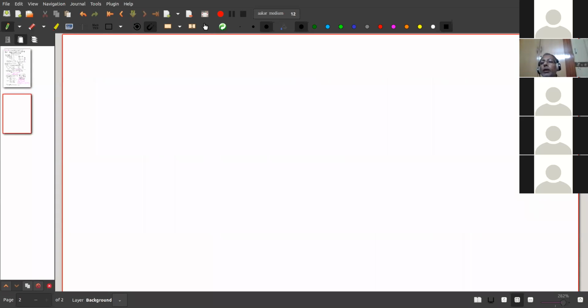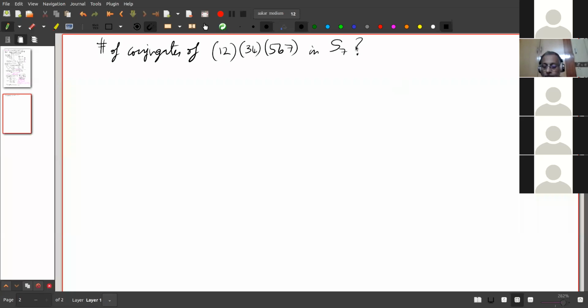Please suggest some answers for me, please. So we are doing the number of conjugates of 1, 2, 3, 4, 5, 6, 7. How do we do this?